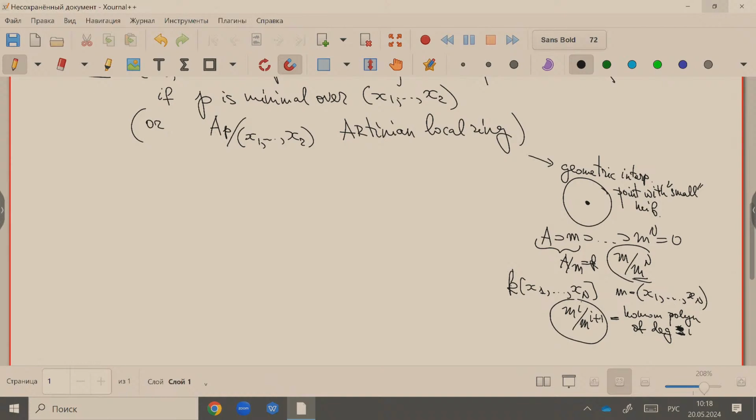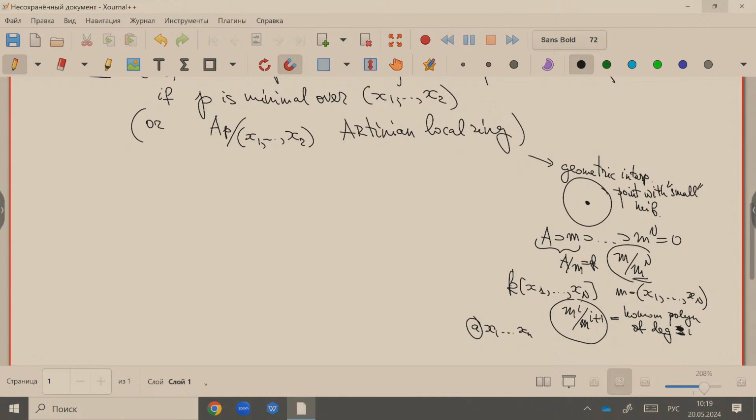Yes, so m^i. The elements of m^i are generated by monomials, but you are also allowed to multiply by an element of k, the whole polynomials.